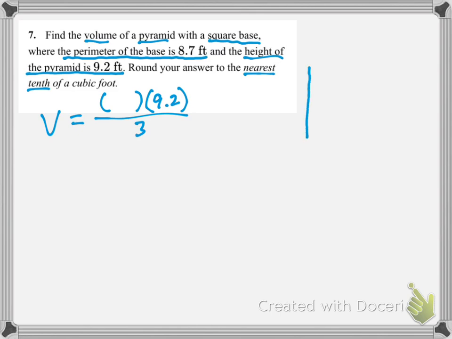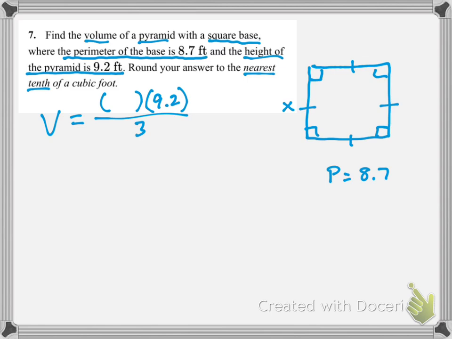So let me see here. That's my base. It's a square. All 4 sides are the same, and 4 right angles. It says the perimeter is 8.7. Now, let me just say one of the sides was x, because I don't know the length of a side.